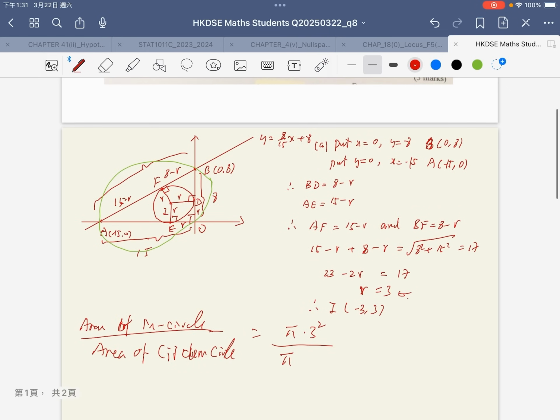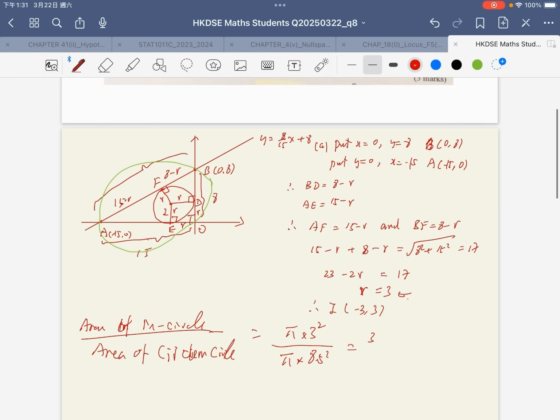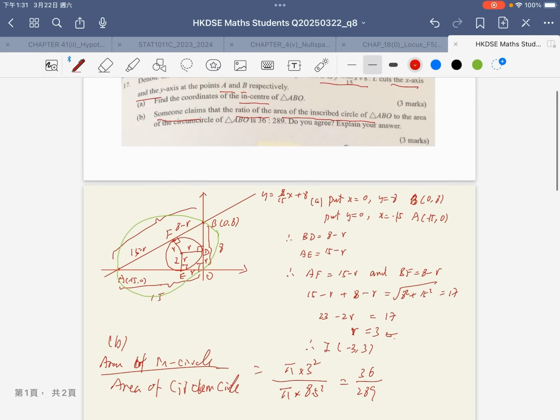Therefore, the area of the circumcircle is pi times 8.5 squared. Then, by using the calculator, you can observe that 3 to the power 2 over 8.5 to the power 2 is exactly the ratio of 36 over 289. Yes, this is part B.